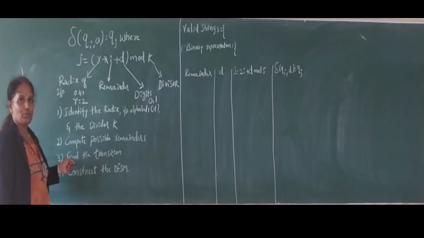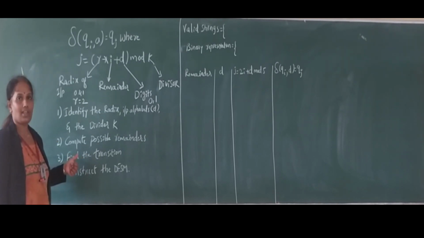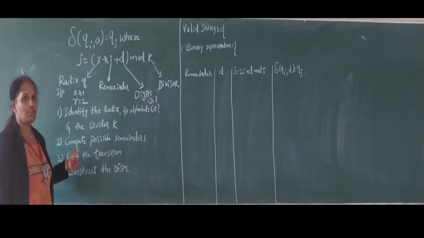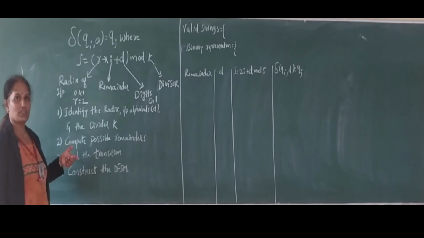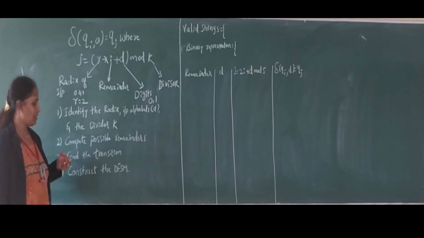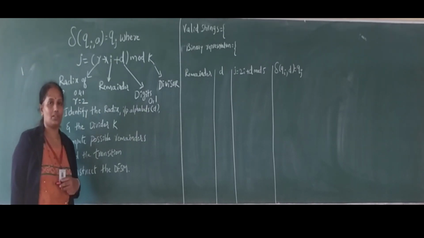After that, you find the transition. Then you construct the DFSM. So 4 steps: first, identification of the radix value, digits and the divider k; second, compute the possible remainders; third, find the transition; and fourth, construction of the DFSM.